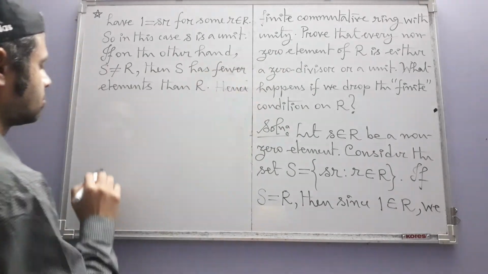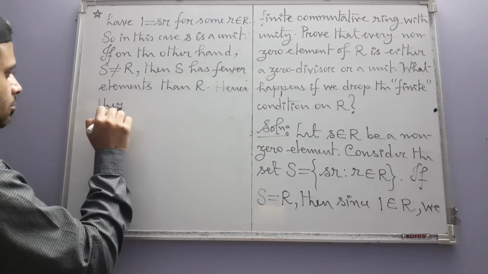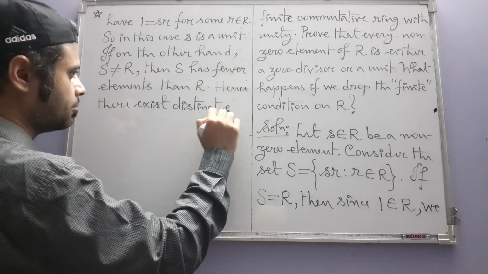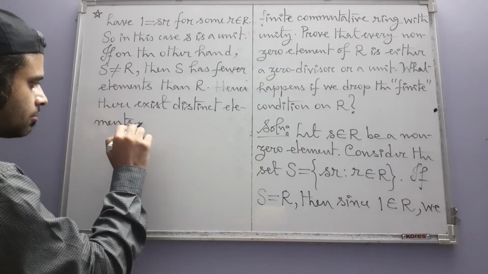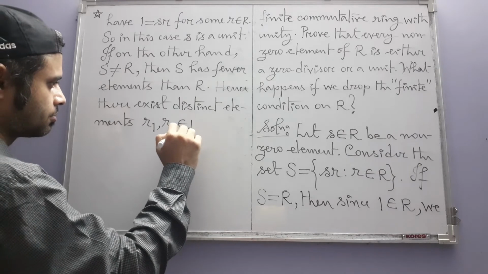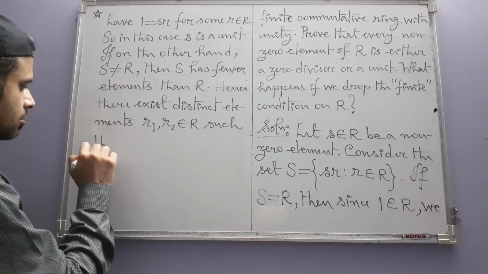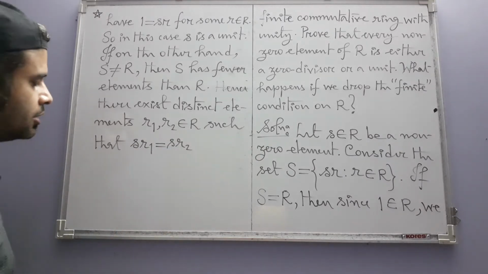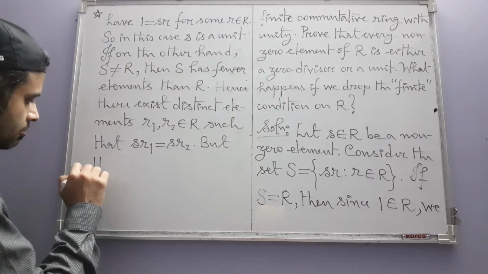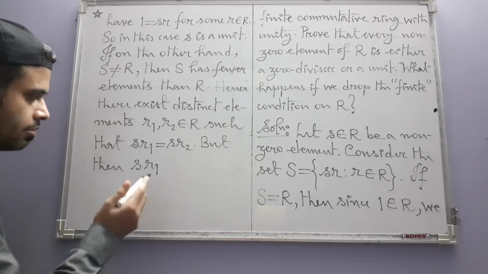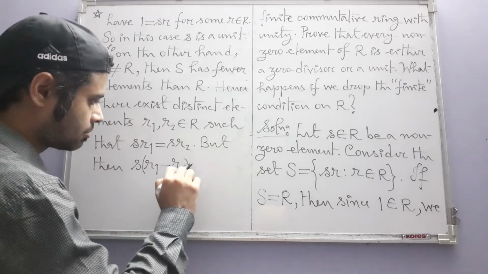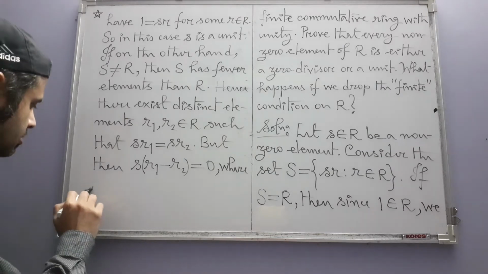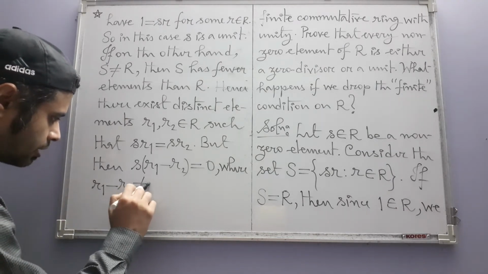Hence, there exist distinct elements r1 and r2 belonging to R such that sr1 is equal to sr2, some repetition, but then using elementary ring properties, we have s(r1 - r2) = 0, where because r1 and r2 are distinct, their difference is a non-zero ring element.